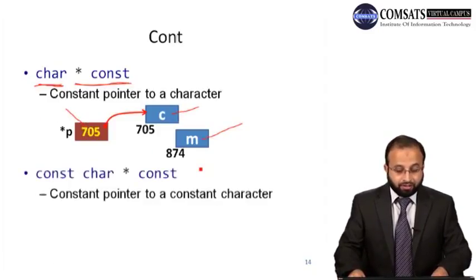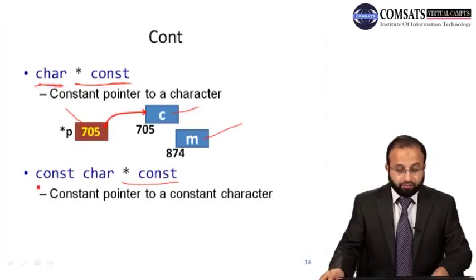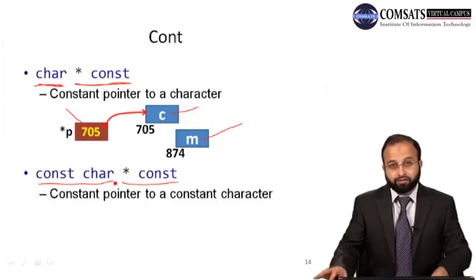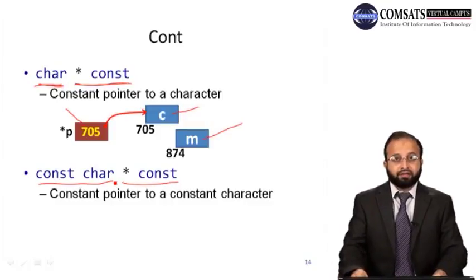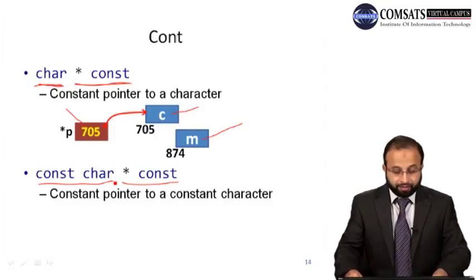Now the last case is const character static const. Now the pointer is constant and it is pointing to a memory location where the characters are stored, and these characters are also constant. So constant pointer to a constant character, right?